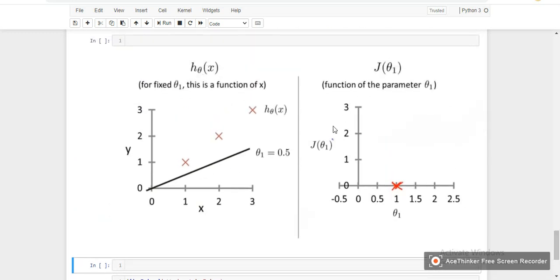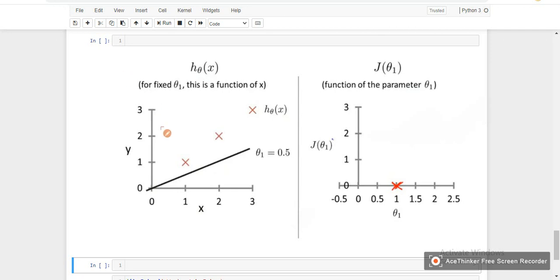So if you can see here, we are considering theta 1 equals 0.5. With this value of theta 1, the model produces a line equation like this, unlike the earlier one. In this case, the cost of this model is a little bit more as compared to the earlier one. In fact, in the previous model there is no cost.